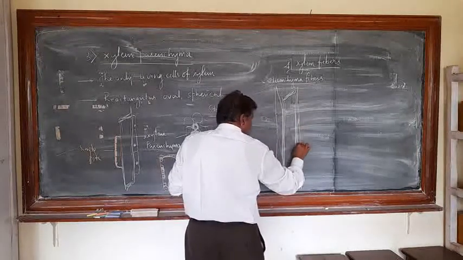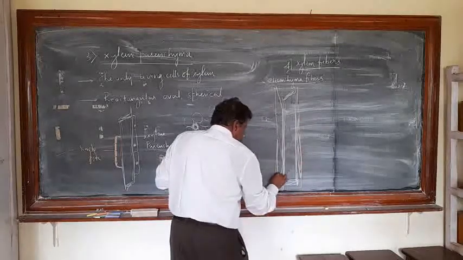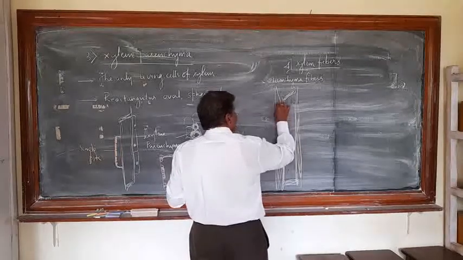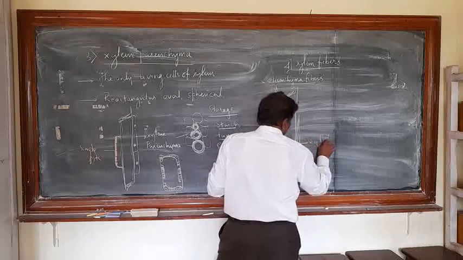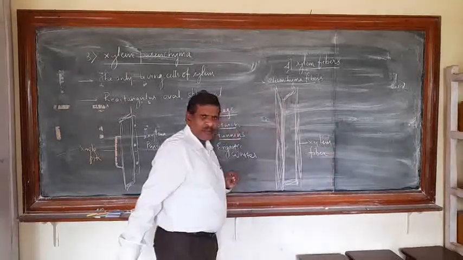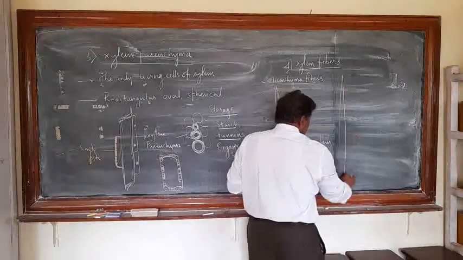These are thick walled, elongated cells with tapered ends or tapered points. This is the xylem fiber. If you observe a single xylem fiber, it more or less looks like this.